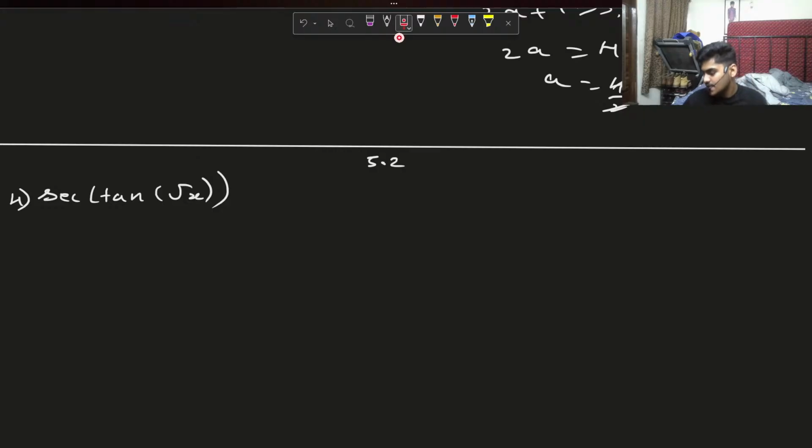Correct? That is in the form of sec x. So first and foremost, what I will do is the naming ceremony. Y is equals to sec tan root x. Correct?